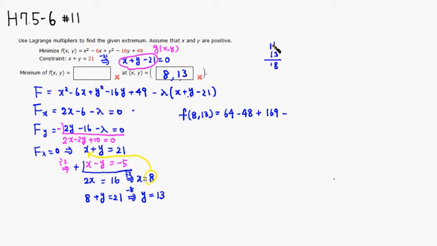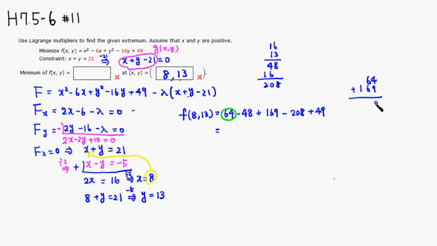So it's 208, and it's almost there, plus 49. Let's do that. Maybe I'll just keep adding. So here I'm going to do 64 plus 169.